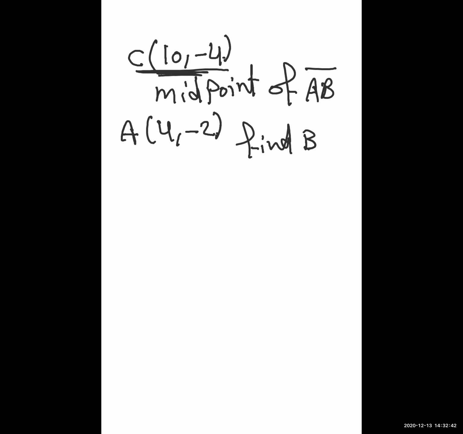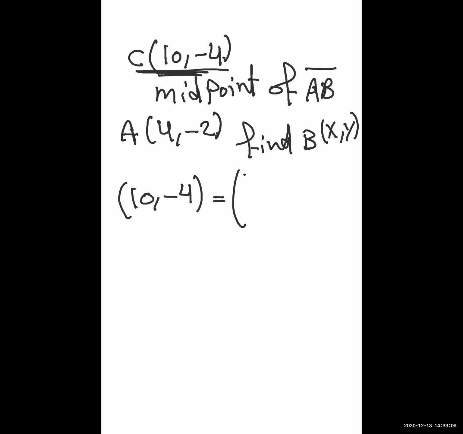according to our rule, the coordinates of C, which is 10 and -4, will equal x1 plus x2. I'm going to assume that this point B is x and y.